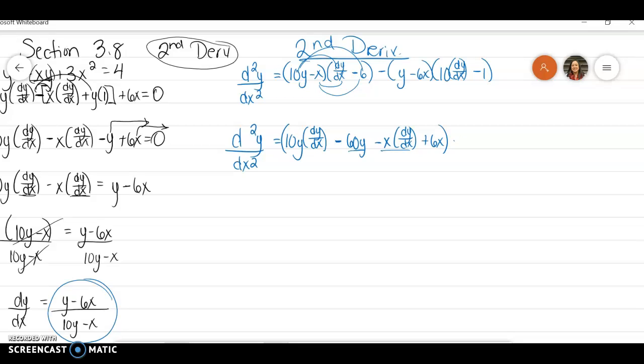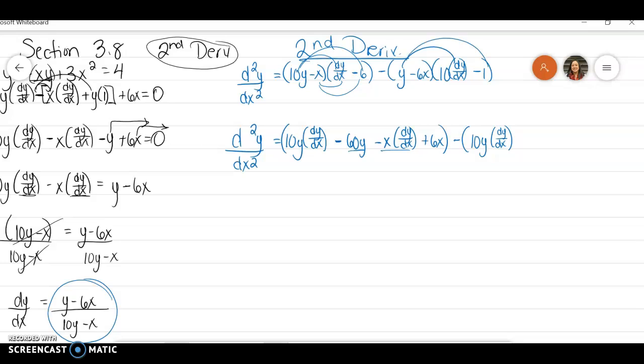I'm going to drop down that minus sign, and I'm going to apply that FOIL method again, my distributive property. If I do that, my first two terms multiplied together give me 10y dy over dx.